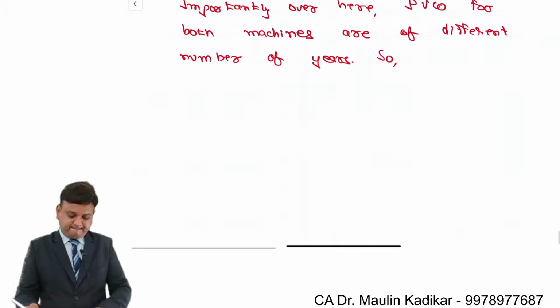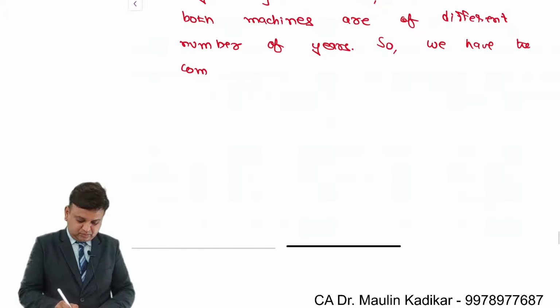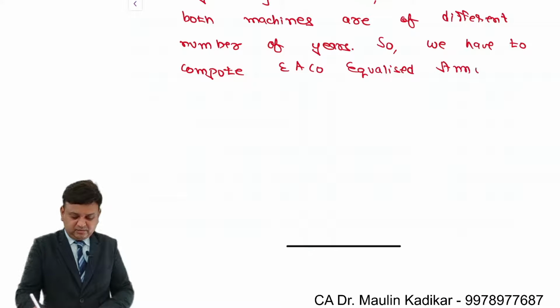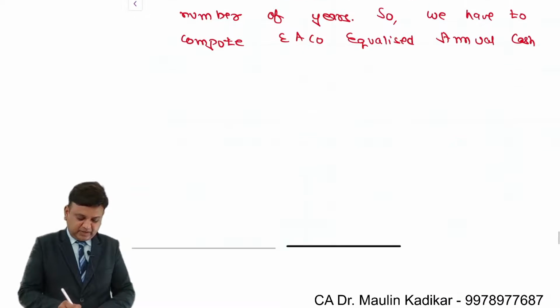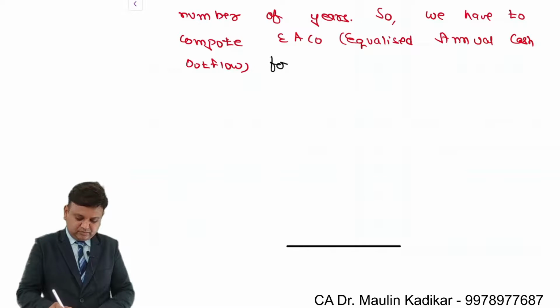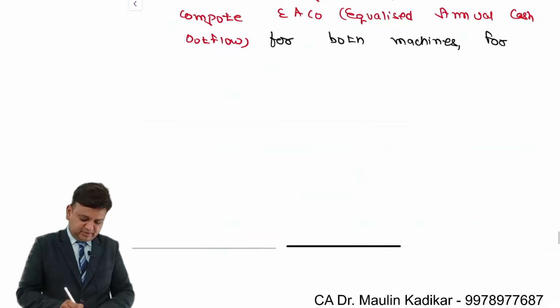So we have to compute EACO, Equalised Annual Cash Outflow, for both machines, for decision making.